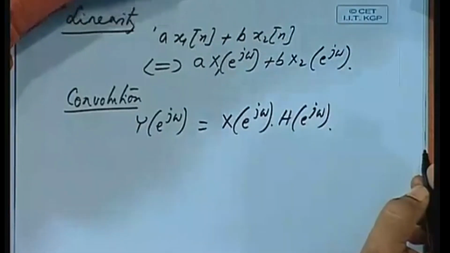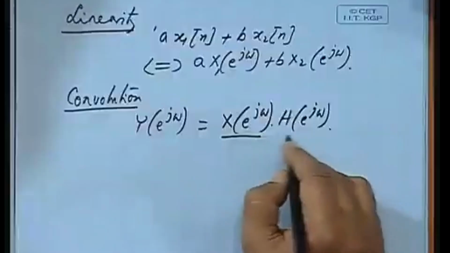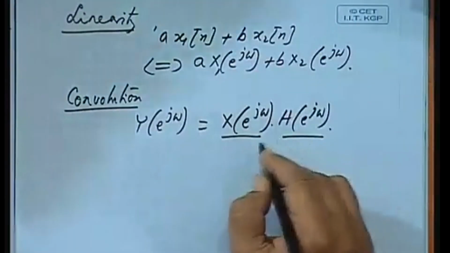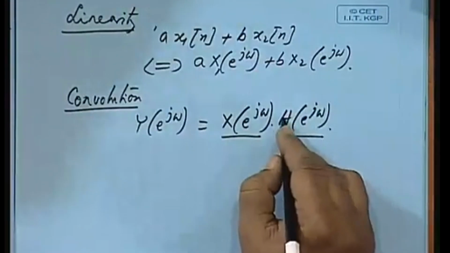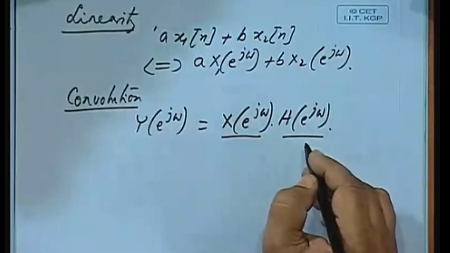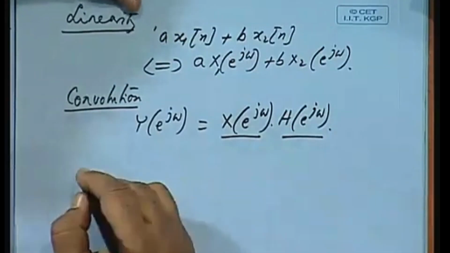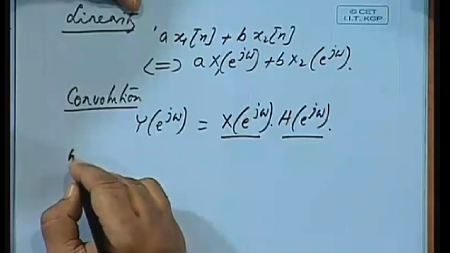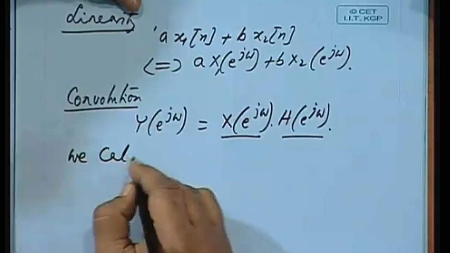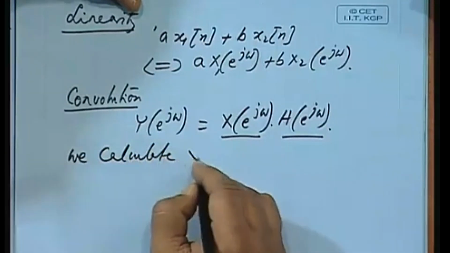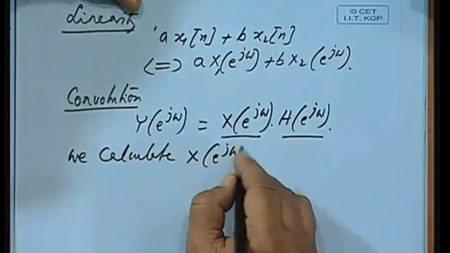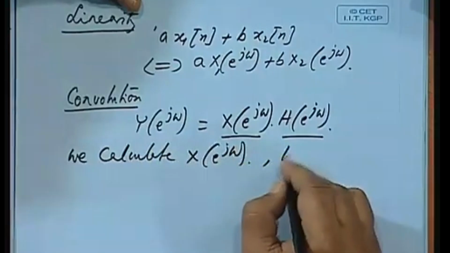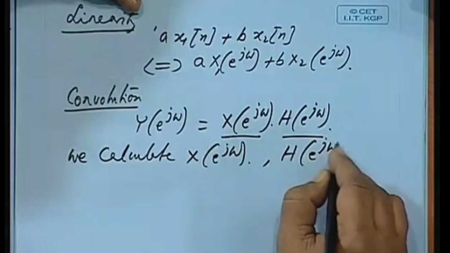If you can find out the values, it is okay. If you can get an analytical expression, and if you can take the inverse, so we calculate x e to the power j omega and h e to the power j omega.